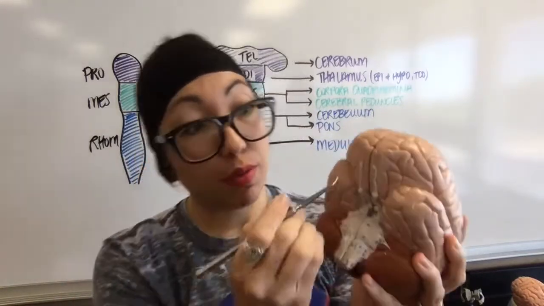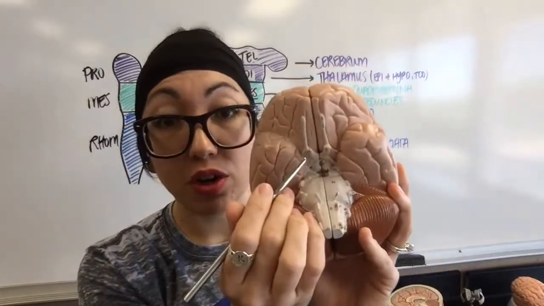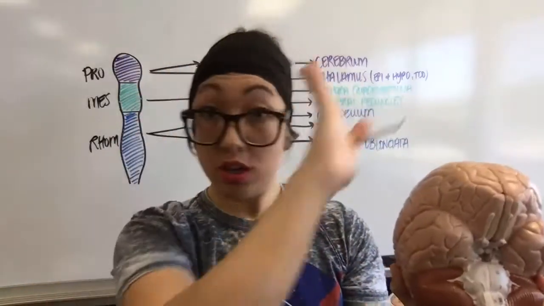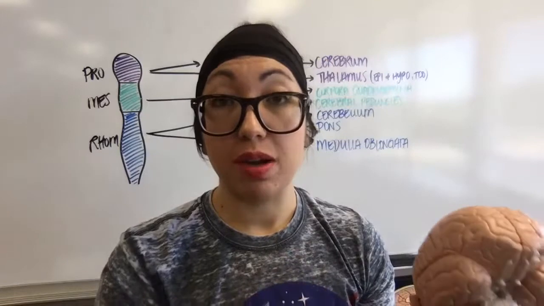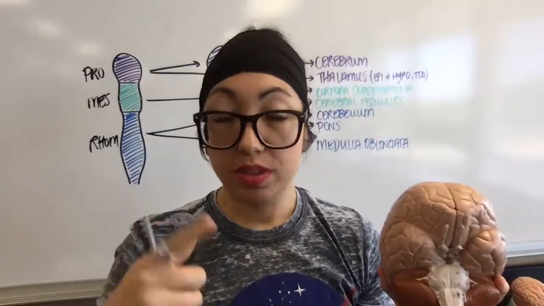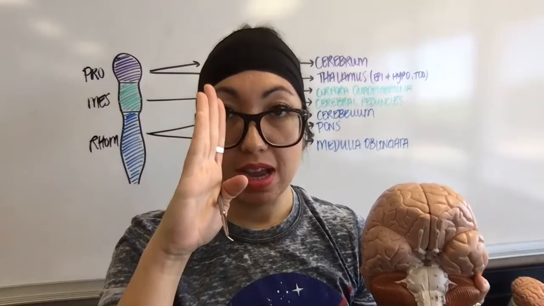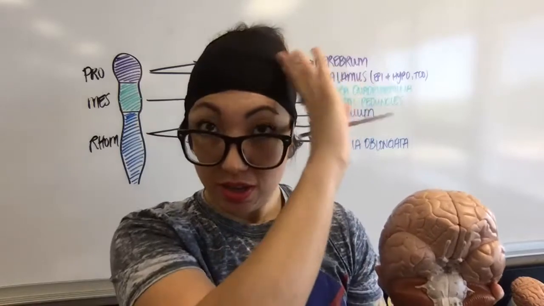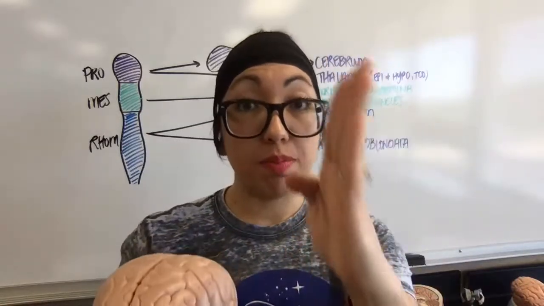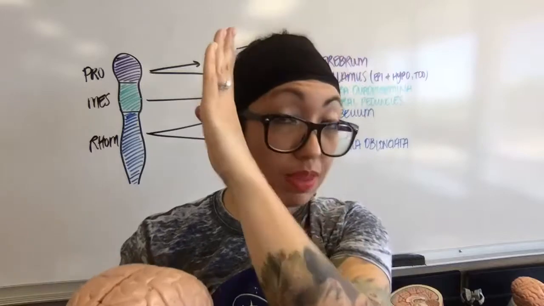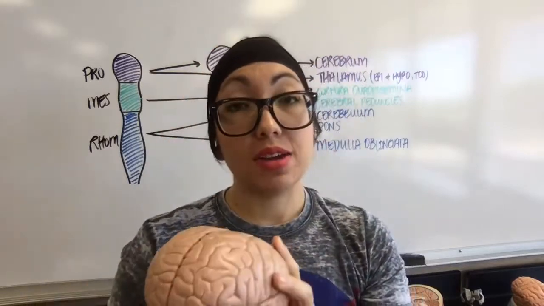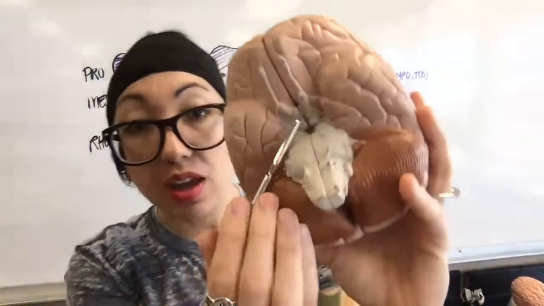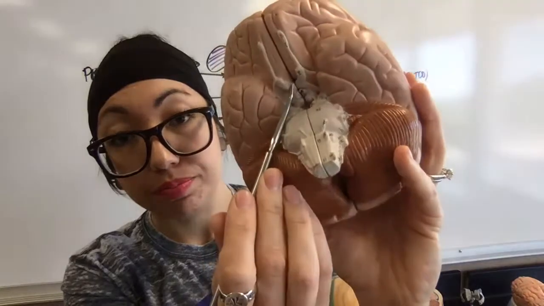But other pieces of information are going to travel down that optic nerve and then decussate, or cross over, and that information is integrated by the left side of my brain. So some information that comes in the right side of my eye will hit that optic chiasm, cross over, and get integrated here. Likewise, some information from my left eye will do the same thing. It will cross over and get integrated by the right side of my brain. So that is the importance of that optic chiasm right there.